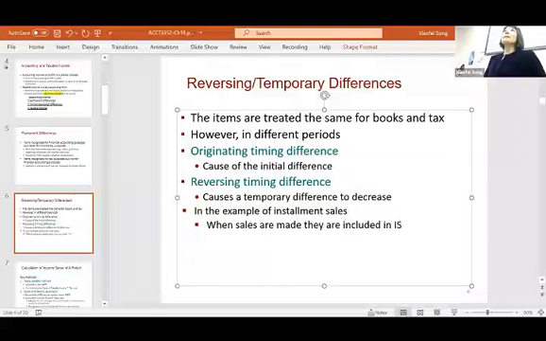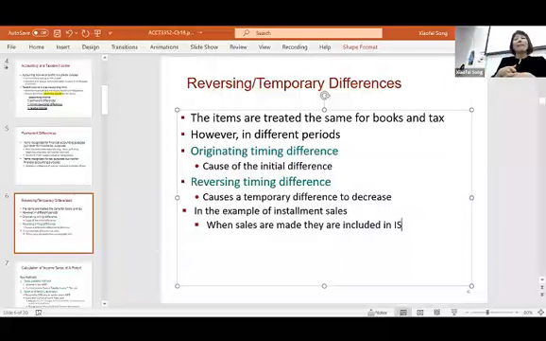the taxable income will be less than accounting income. And because taxable income is less, certain tax is postponed. And it creates a deferred tax liability, because certain income is not yet due for tax.